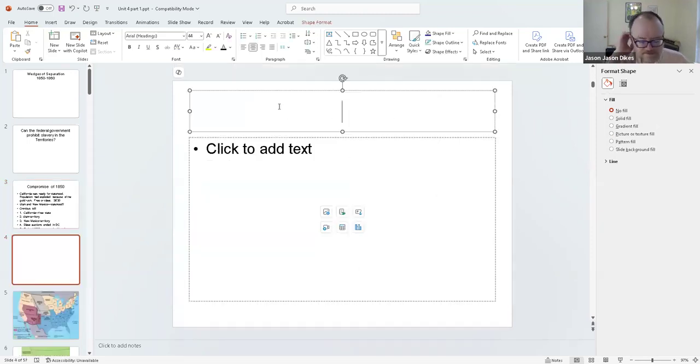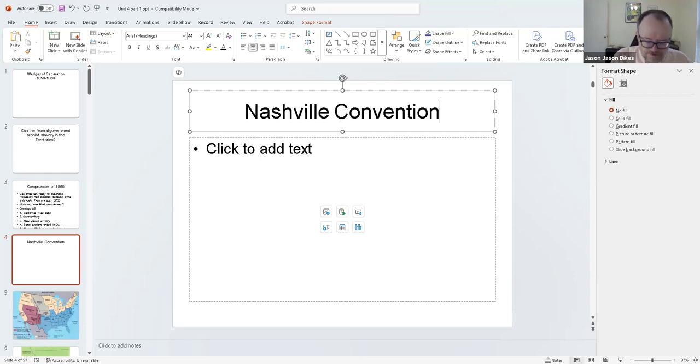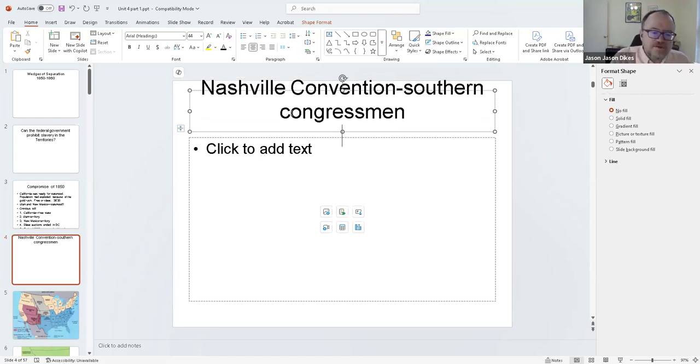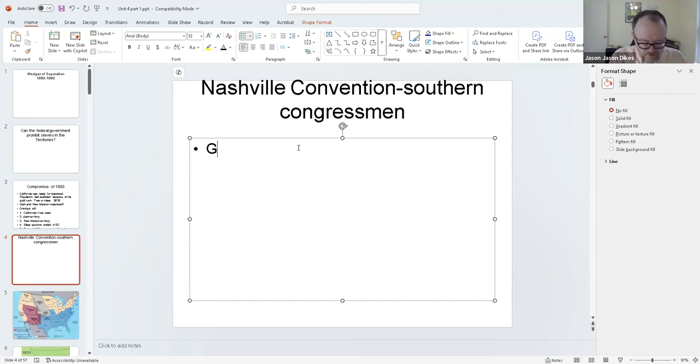Now, after the Compromise of 1850 went through, there was a meeting called the Nashville Convention, made up of Southern congressmen who pledged themselves to what was called the Georgia Platform.